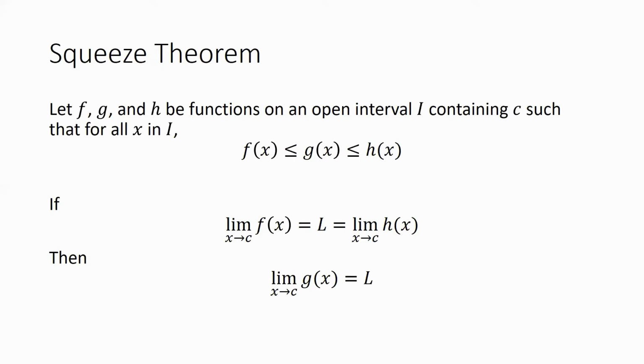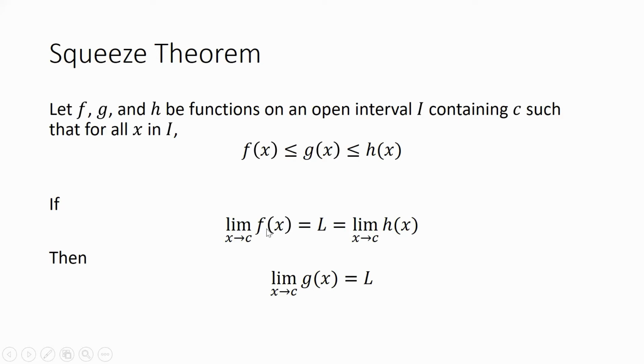So the squeeze theorem says this: if I have three functions which are defined on an open interval containing C, such that g of x is always the middle function for all x that we can plug in there.